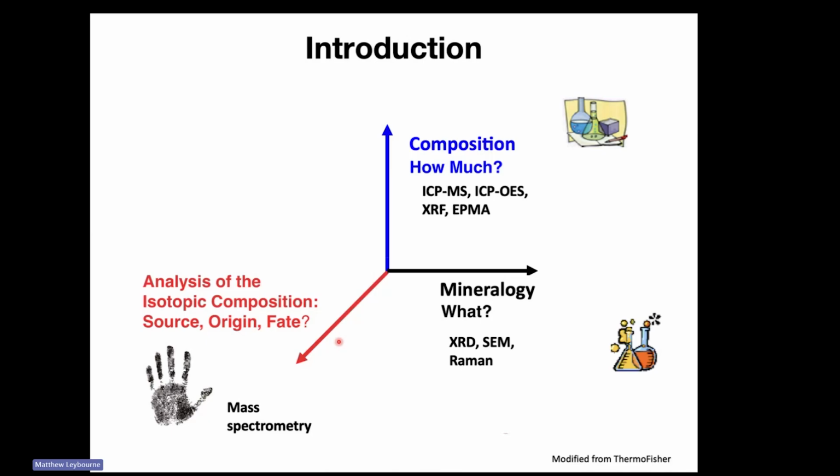We can use instruments like XRD, scanning electron microscopy and Raman spectroscopy to tell us what minerals make up that sample. And then finally, we can use mass spectrometry to analyze isotopic compositions. What is the source or the origin, and the fate of metals as they move from where they start to where they're deposited in a mineral deposit, to how they migrate afterwards as we modify that mineral deposit.